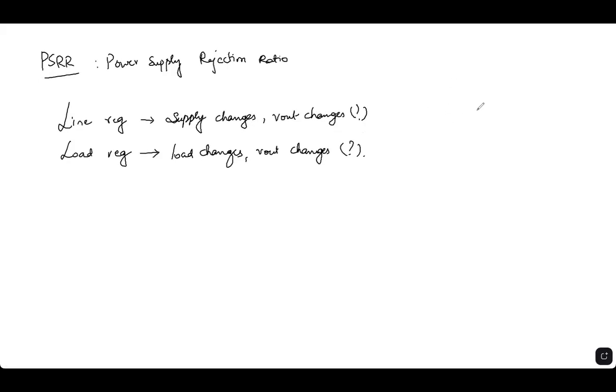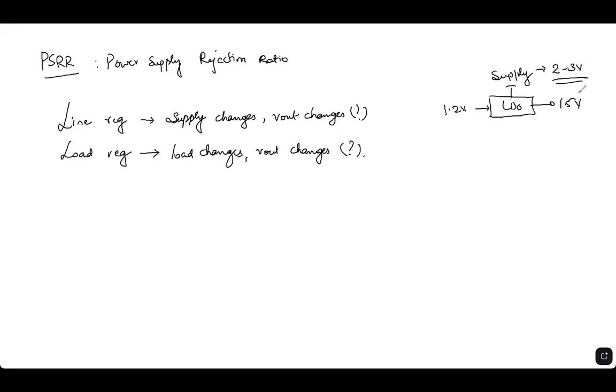Meaning, let's say you have a good LDO. I'll just represent it as a block diagram. And you have to regulate it to 1.5 volts. I'm just giving an example with the VREF of 1.2 volt. This is a supply, which will, let's say, vary all the way from 2 to 3 volt.